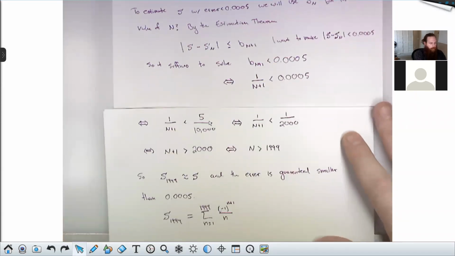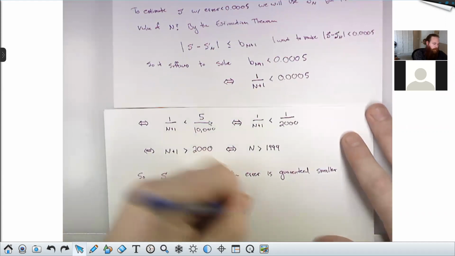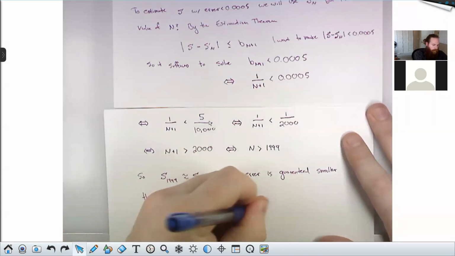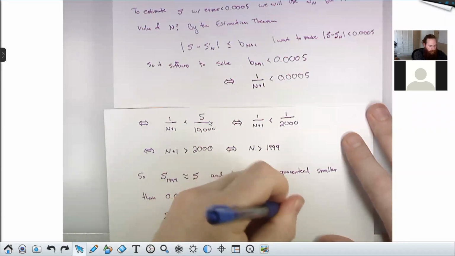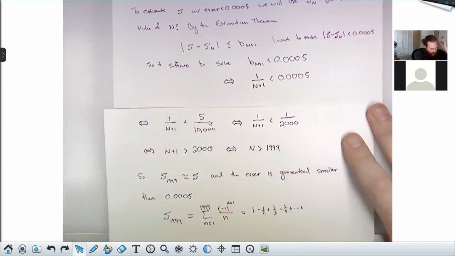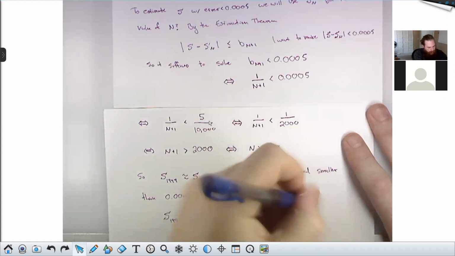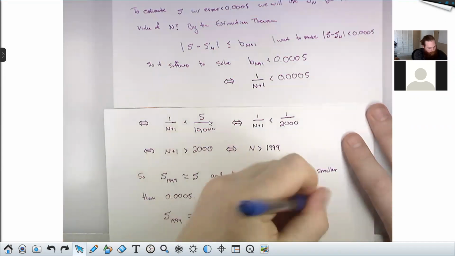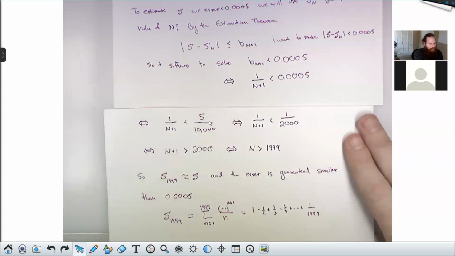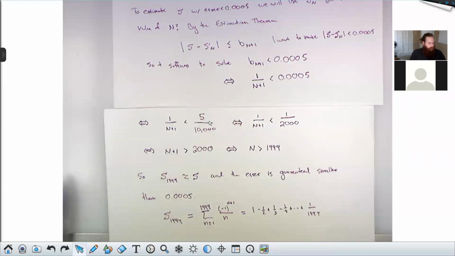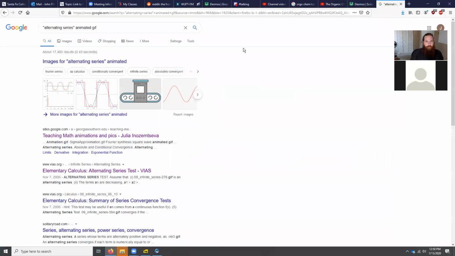Now, I don't want to calculate this by hand, that would be horrible, right? This is 1 minus 1/2 plus 1/3 minus 1/4 plus all the way out to plus 1 over 1999. And that would take me a long time to figure out by hand, so I'm going to go ahead and scoot to Wolfram Alpha.